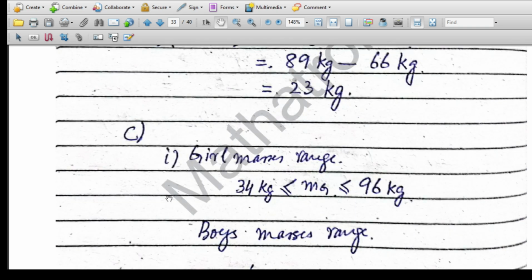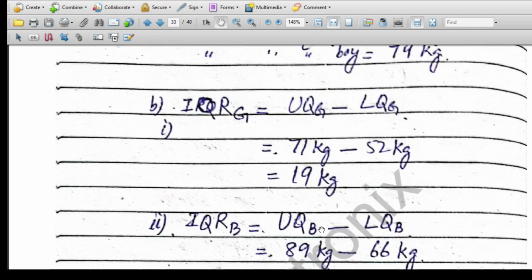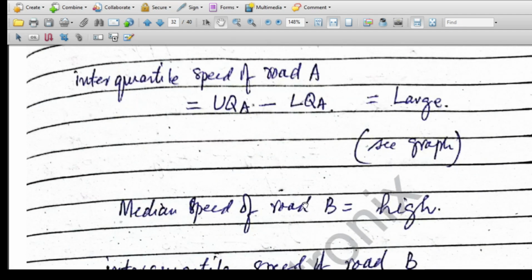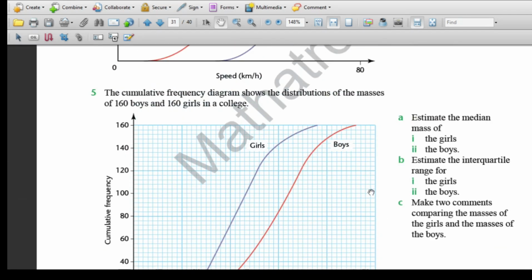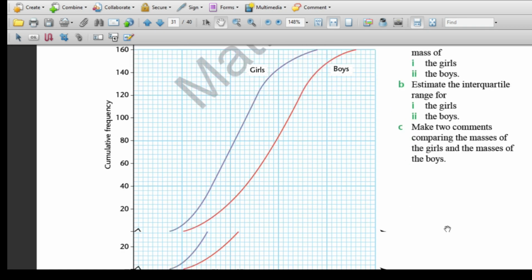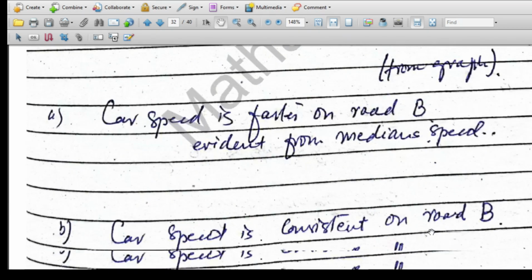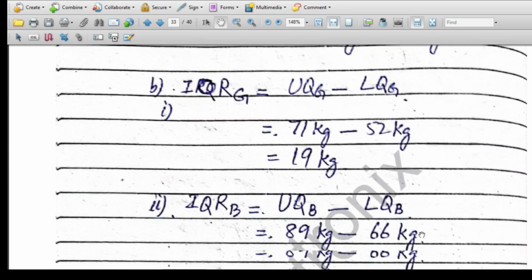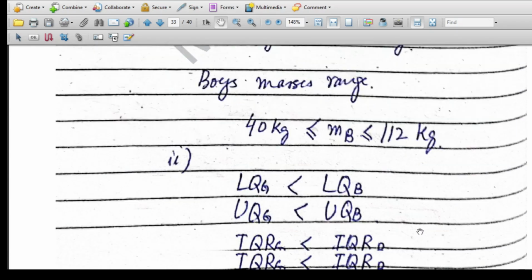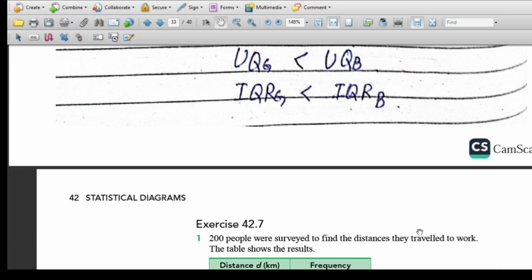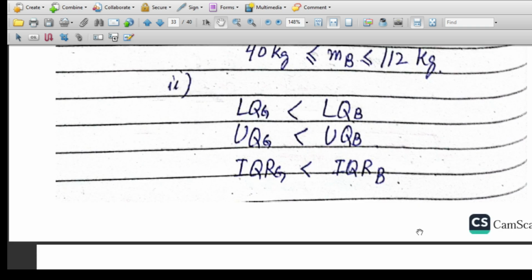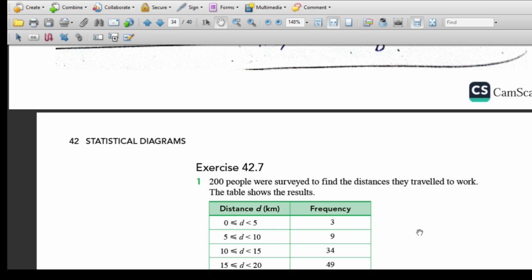So these are the comments, or the information inferred from this graph. We make 2 comments, and we have given these comments here. This is all from the graph and from exercise 42.6. In the next session we will discuss the histogram, exercise 42.7, from this statistical diagram.